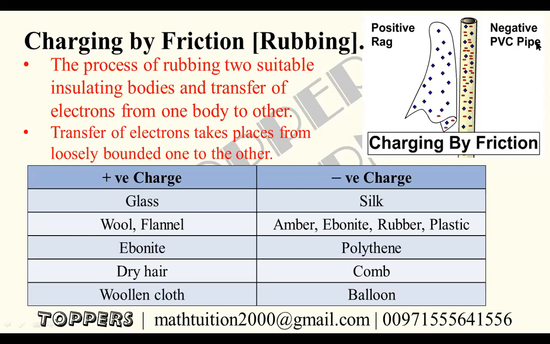Wool or flannel rubbing with amber, ebonite, rubber, plastic, etc. Then wool or flannel is getting positive, and amber, ebonite, rubber, plastic, etc. are getting negative charges. Similarly, if ebonite and polythene are rubbed, ebonite will get positive and polythene will get negative charge. Dry hair and comb: when you rub the comb on hair, the hair will get positively charged, the comb will be negatively charged. Woolen cloth and balloon: woolen cloth will get positive, negative charge on the balloon. So these are some pairs of materials that you have to remember for examples.